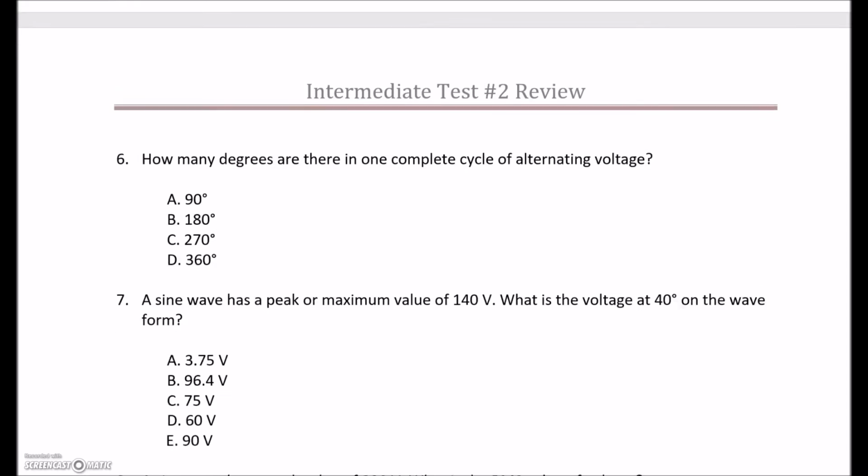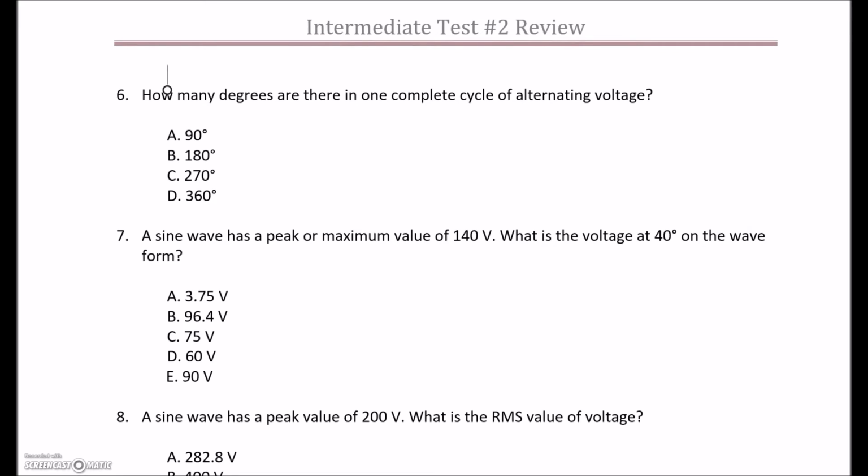So this is that one where you're actually awake in class and you've kept track of how many degrees there are in one complete cycle of alternating voltage. Well, we know that in order to get that AC sine wave, that comes from the 360 degrees rotation of that generator. If we plot out that generated voltage, we're going to find a peak voltage, 0 voltage, a peak voltage again, and back to 0.